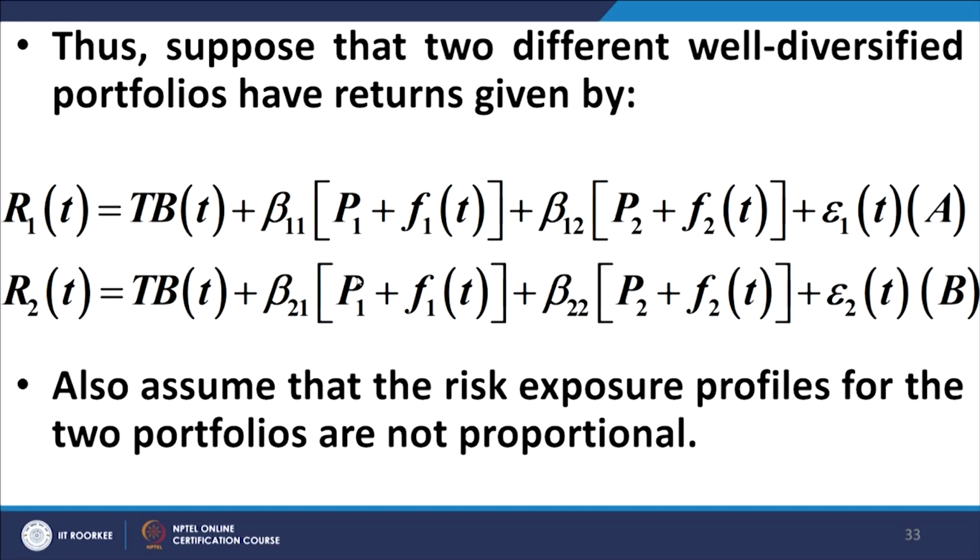R1t is given by equation A and R2t is given by equation B. These are the expressions under the APT model of two well diversified portfolios. Let us call them 1 and 2. Now, we also assume that the risk exposure profiles of the two portfolios are not proportional. Why is that relevant? You shall see in a few minutes.